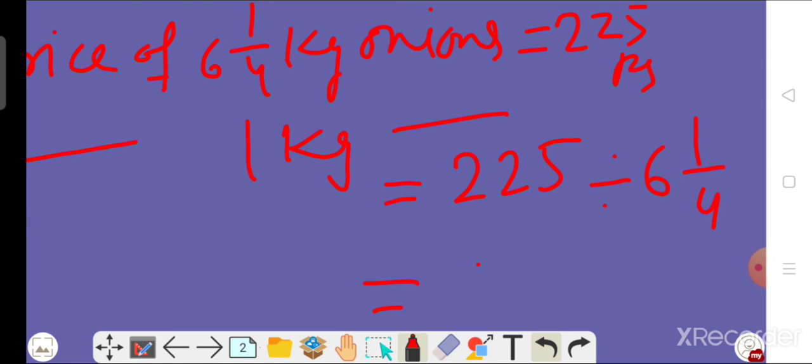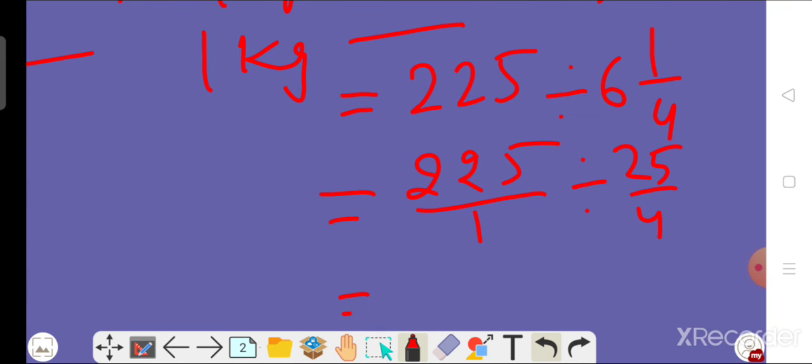Okay, so we can write 225 as 225 by 1, and 6 raised 1 by 4 is equal to 25 by 4.